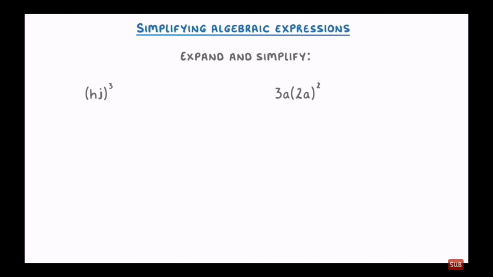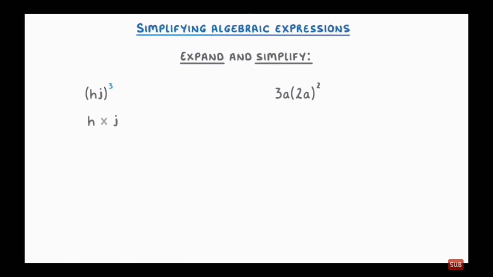Now, sometimes you might need to expand an expression before you can simplify it. And for these questions, they'll normally ask you to expand and simplify. For example, in this first one, of hj cubed, we effectively have h times j inside the bracket. And the cubed part means that we need to multiply the whole thing by itself 3 times.